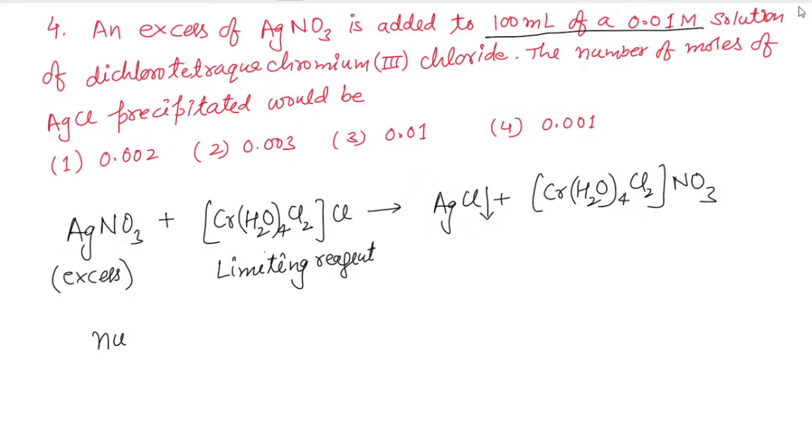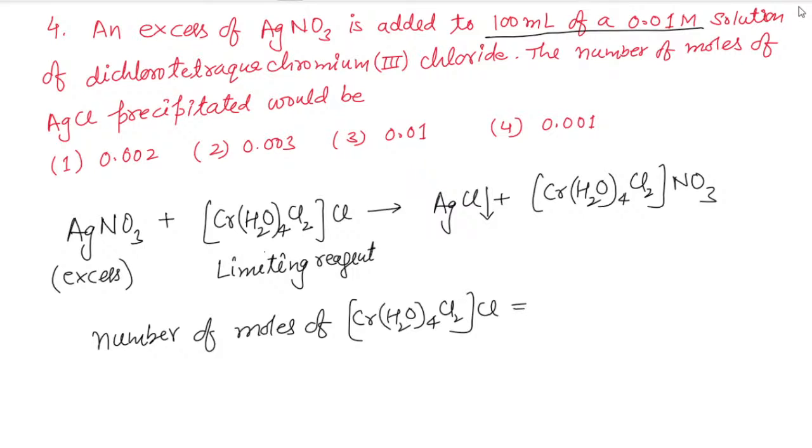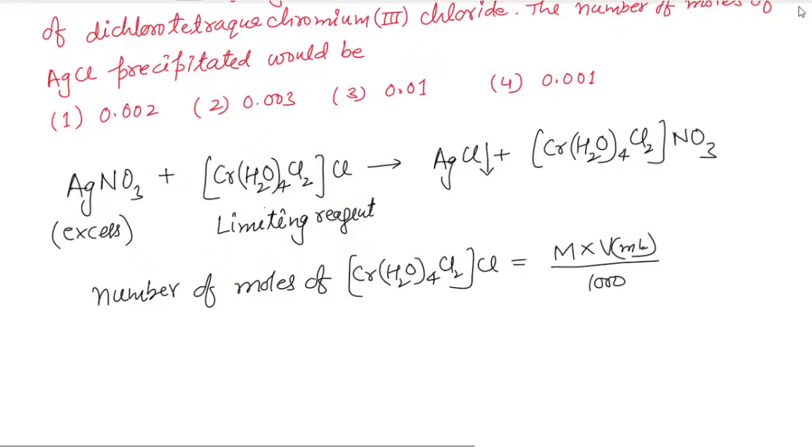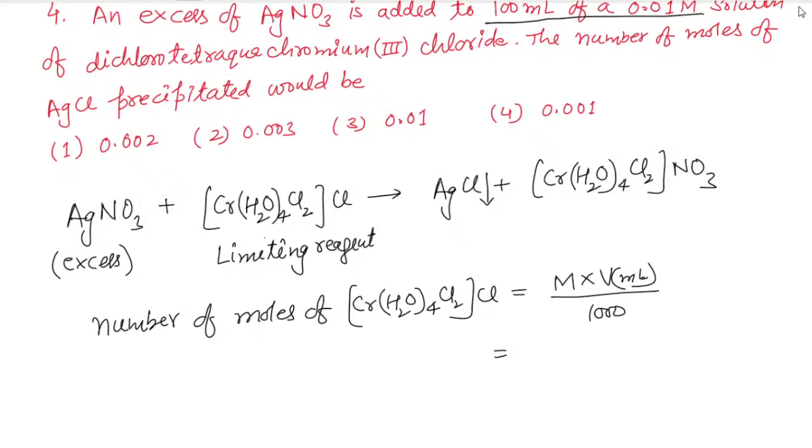So the number of moles of this complex is equal to molarity into volume in ml divided by 1000. The molarity is 0.01 and volume is 100, divided by 1000.